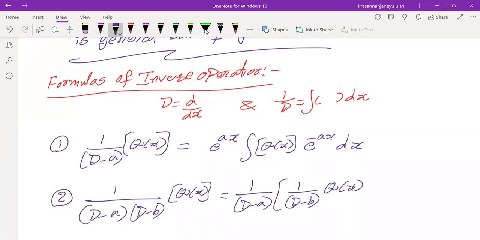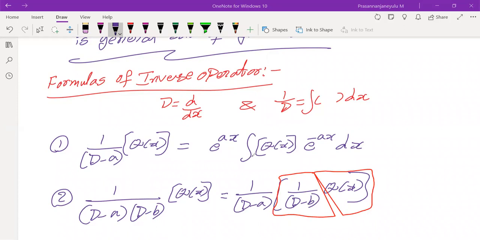After we complete this, how to write 1 by d minus b of q of x? Same manner, using our first formula, e power bx into integration of q of x into e power minus bx into dx. Then whatever we get here inside the brackets, we have to take it as q1 of x. Then 1 by d minus a of q1 of x. Then we have to continue with the same process.